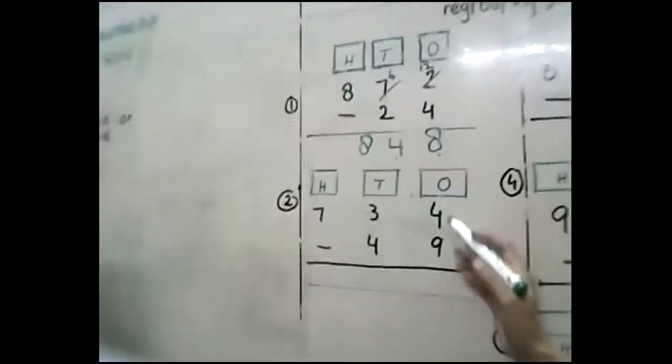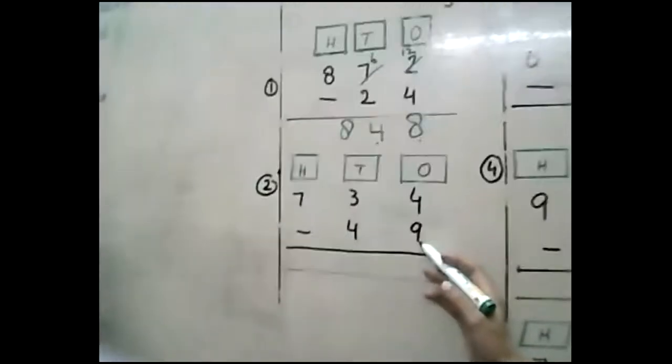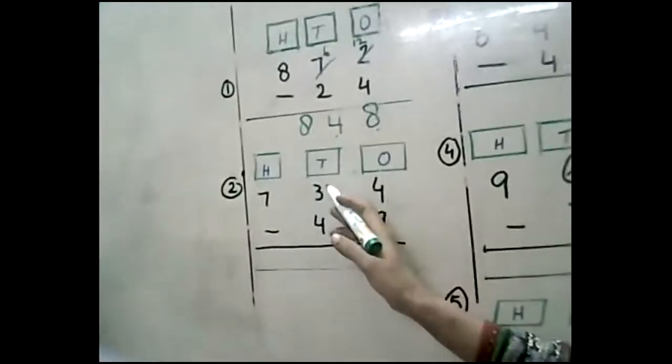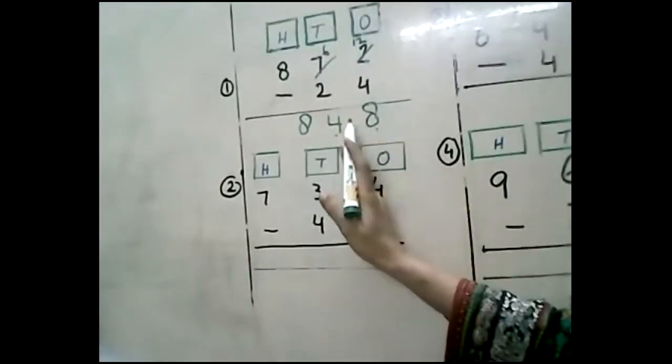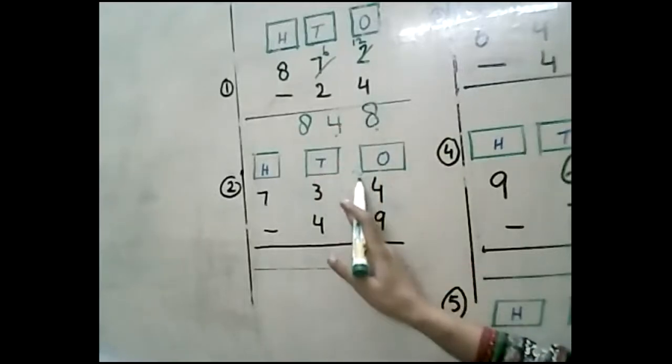Right? Now question number 2. Question number 2 is ones कितने हैं इसमें? 4 ones on the top, 9 ones on the floor. Right? So पहला स्टेप क्या होता है? बुक में हमने देखा फर्स्ट स्टेप क्या होता है? पहले हम वंस को सब्ट्रैक्ट करते हैं. तो 9, can we subtract 9 from 4?